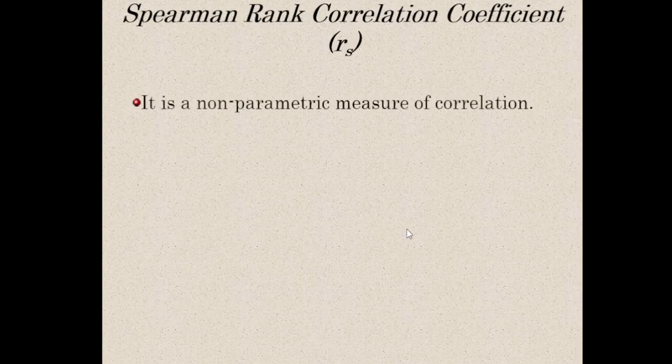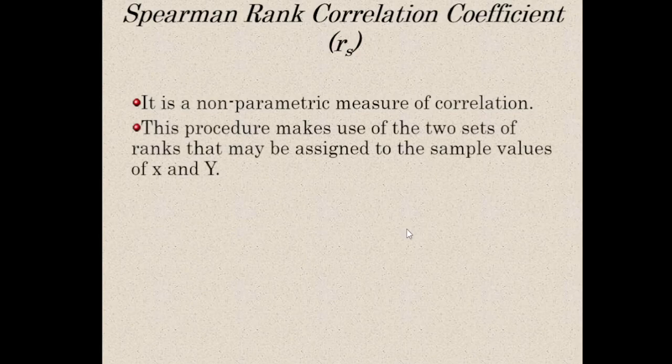It is denoted by capital R or small rs. So what is this method? It is a non-parametric measure of correlation, and in this method we assign rank values for both x and y.